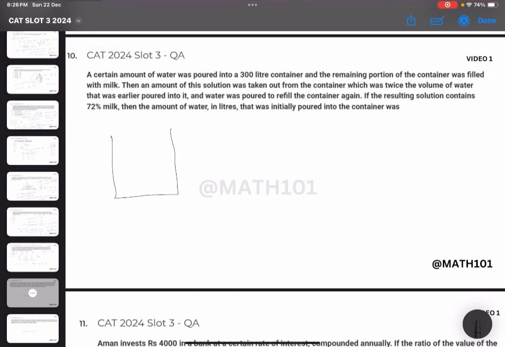So we have a 300-liter container. And of it, x liter was water. The remainder, 300 minus x, is milk. Out of this, 2x liter was removed, and it is filled with water again.